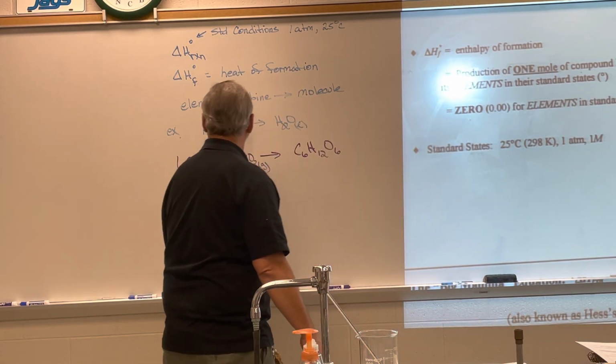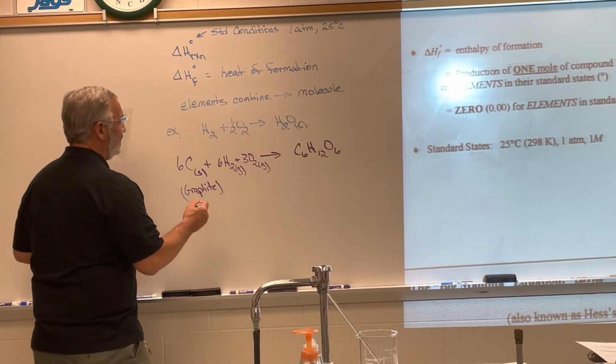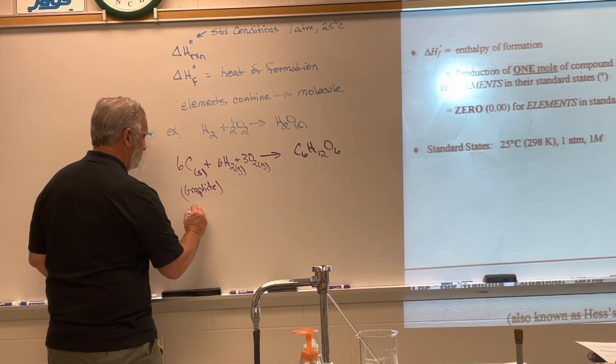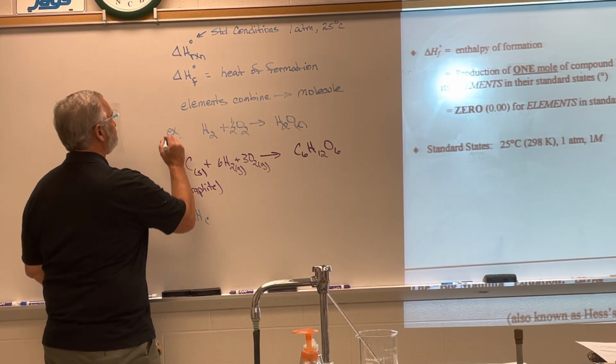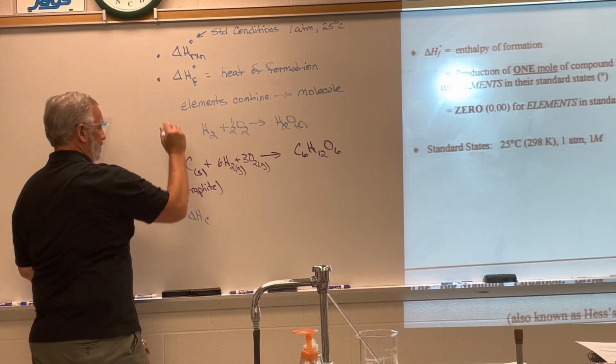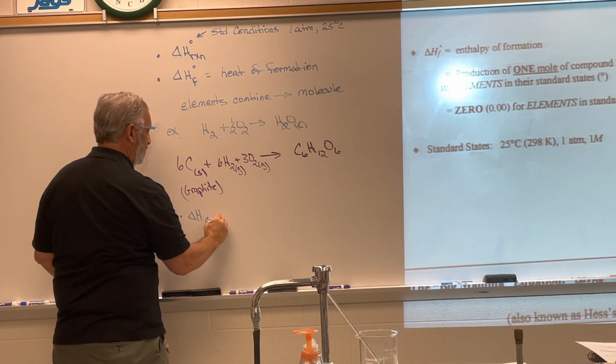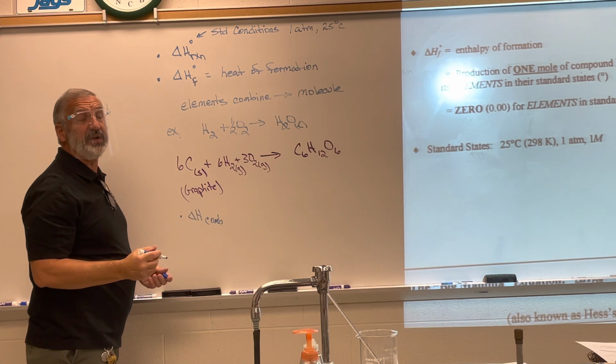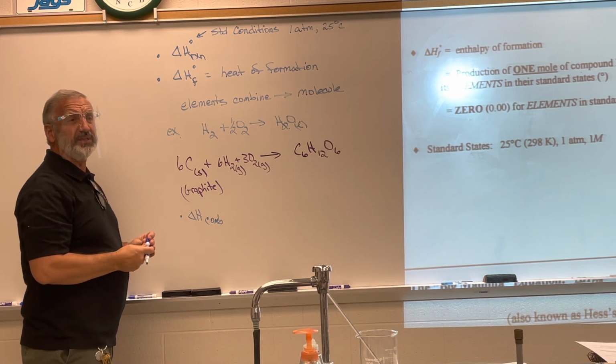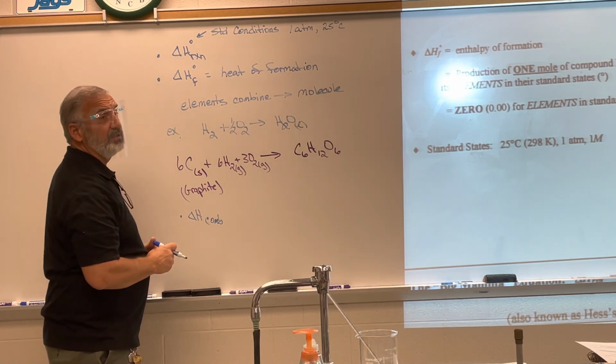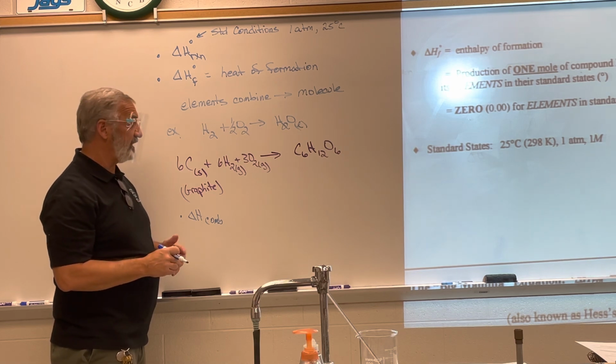Now, there are other forms of delta H. We can have delta H of combustion. That means it's just going to be a combustion reaction. Combustion means what? Burning, combining with oxygen.